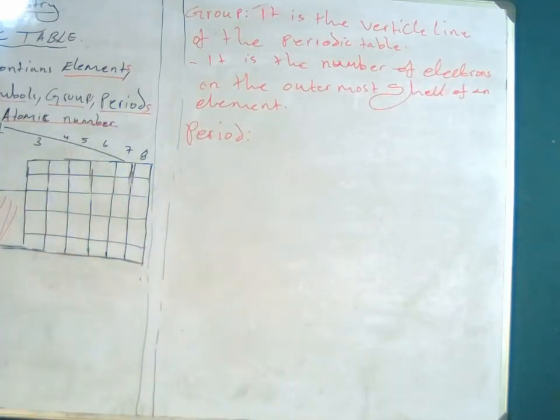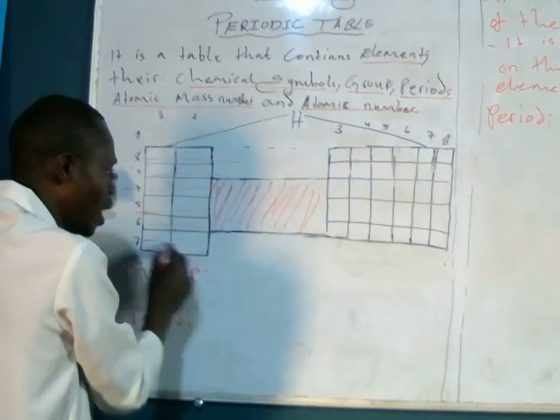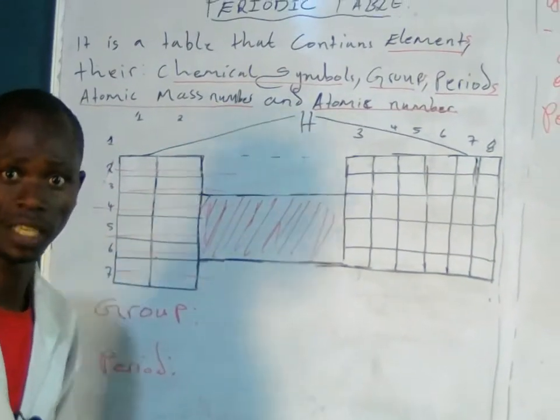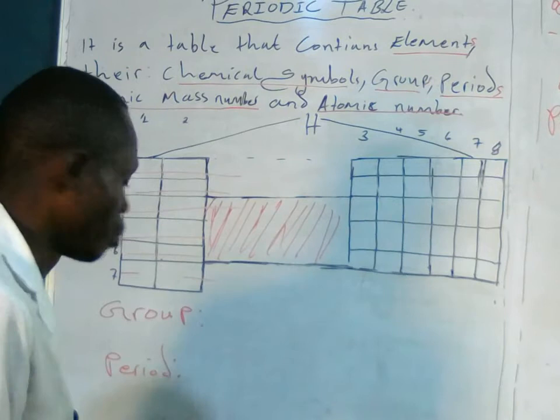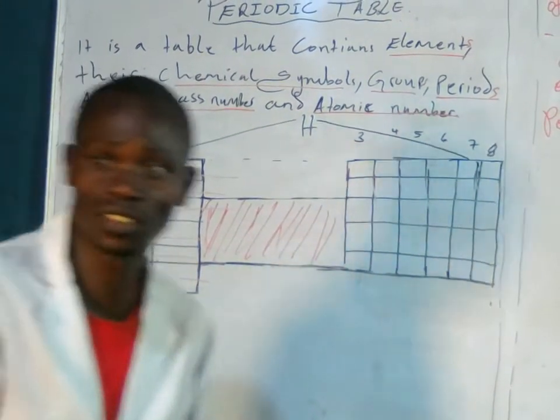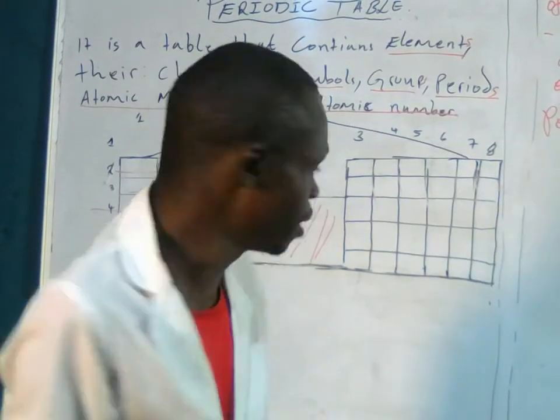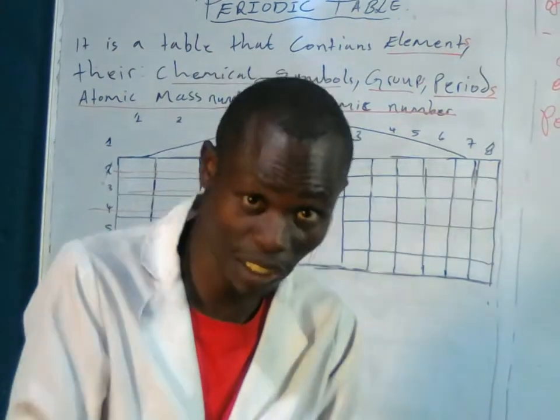You have seen these lines here, horizontal lines. These lines are called periods. So periods are simply horizontal lines on a periodic table.